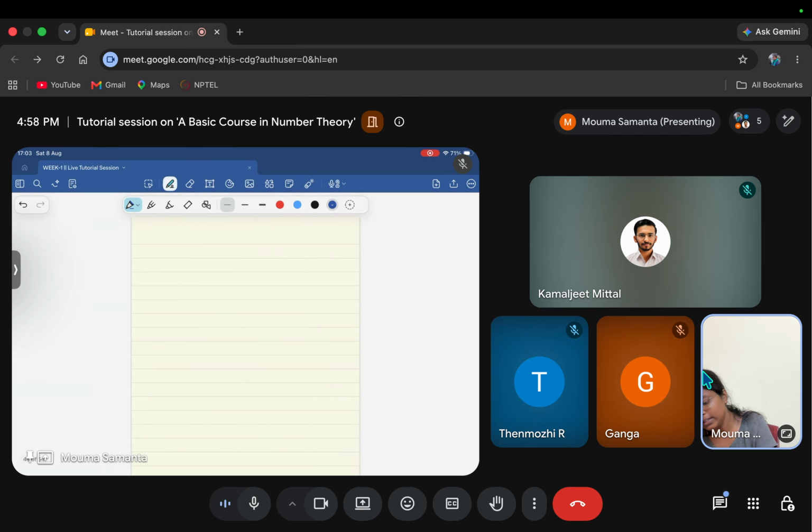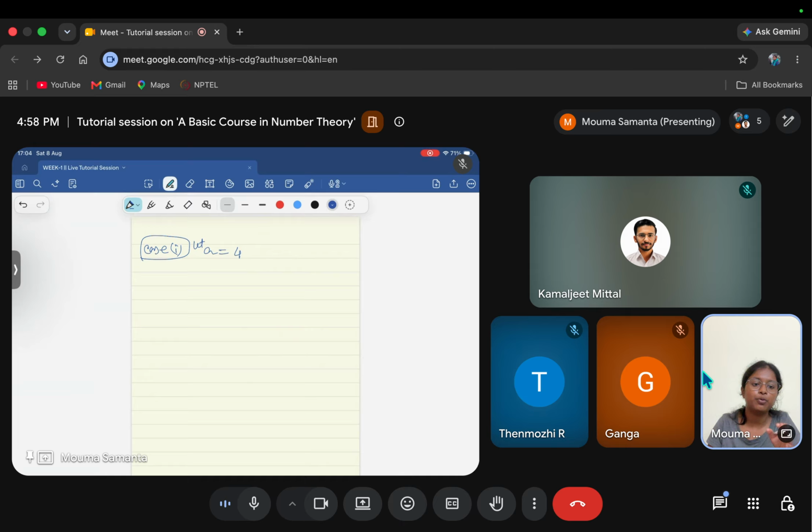If you take the form of a in the residue class of 4, then a has four choices: 4n, 4n plus 1, 4n plus 2 or 4n plus 3.